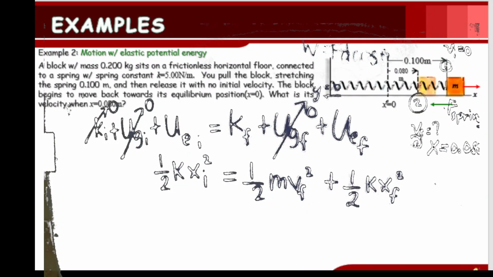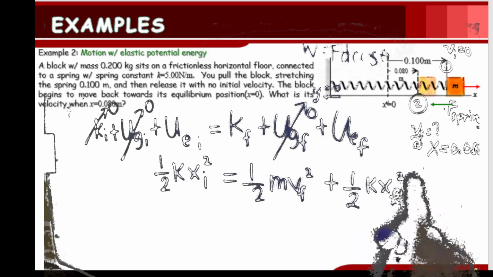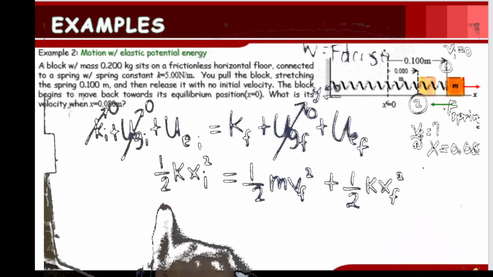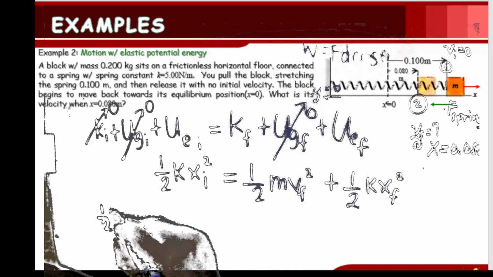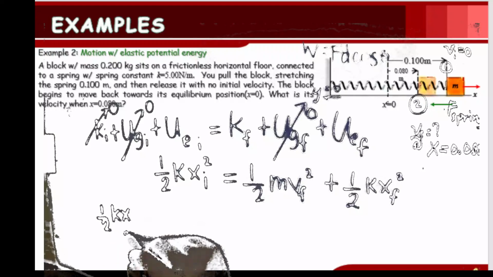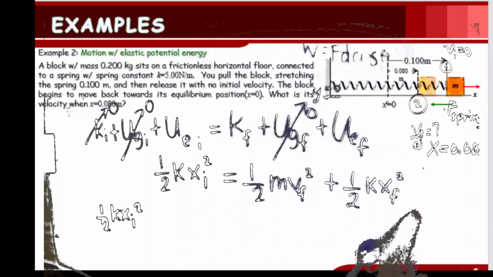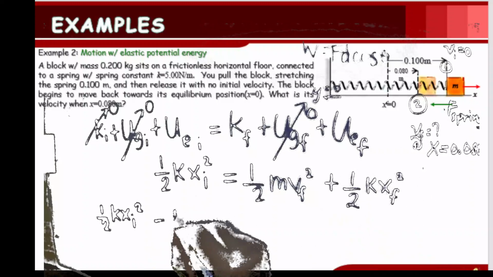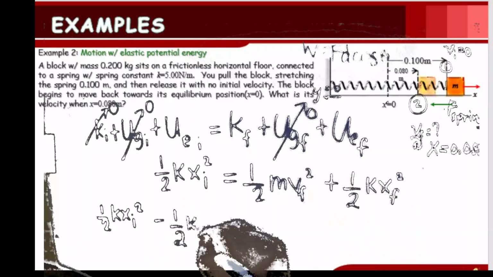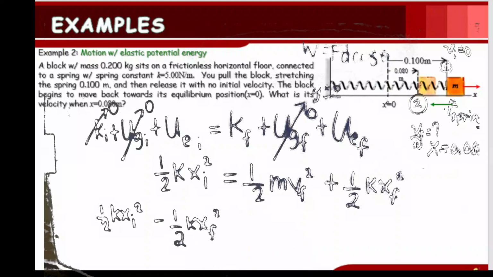So we will transpose this final elastic potential energy to the other side, and we will get 1 half k x initial squared minus 1 half k x final squared.